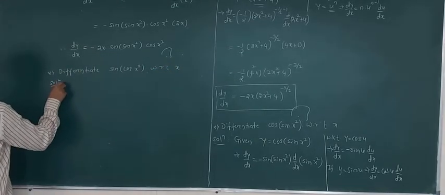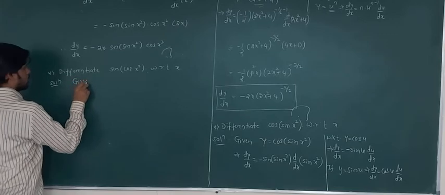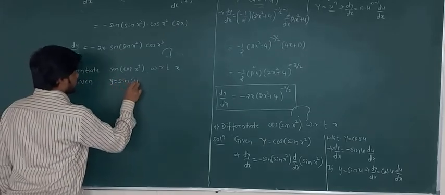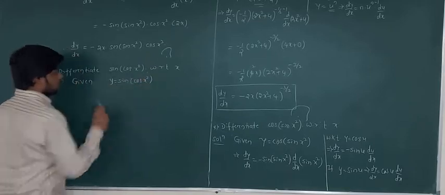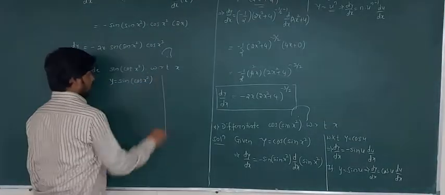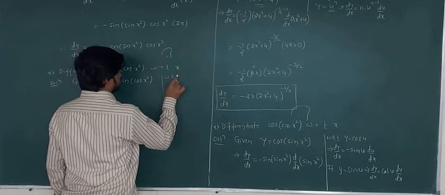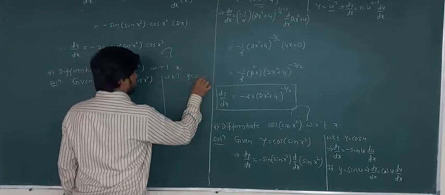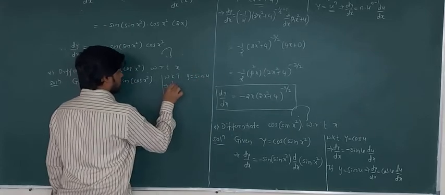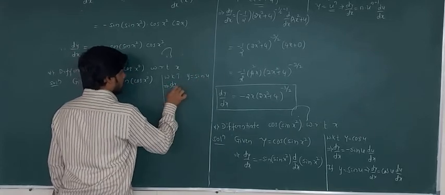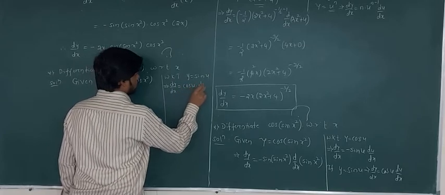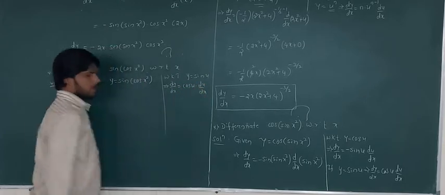So solution, here given function is y equal to sin of cos x square, and we know that if y equal to sin u, then derivative of this function is dy by dx is equal to cos u into du by dx.